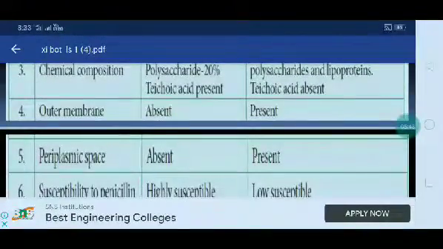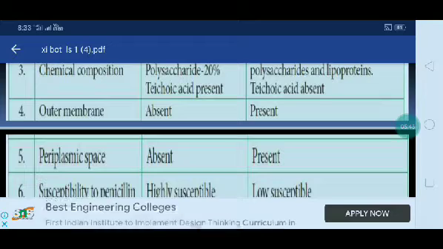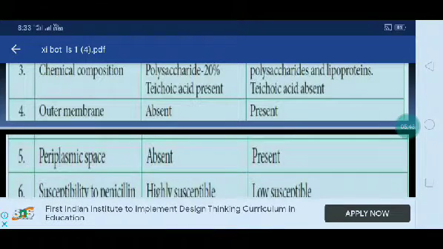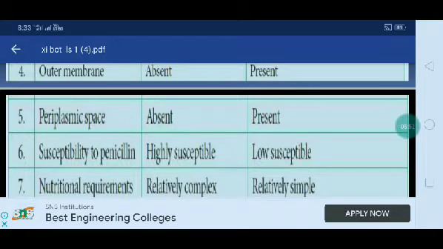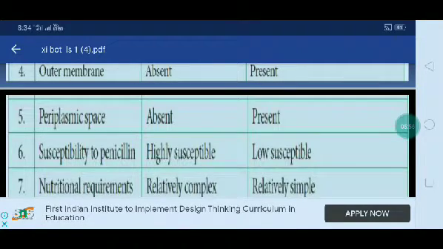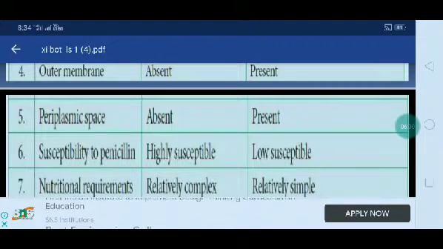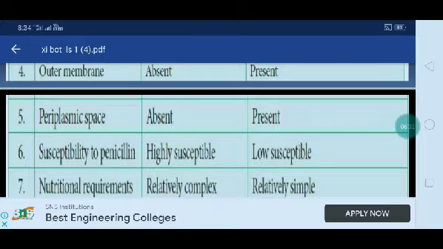The outer membrane is totally absent in Gram positive and present in Gram negative. The periplasmic space, the space between the plasma membrane and the cell wall, is absent in Gram positive and present in Gram negative. Susceptibility to penicillin antibiotic is high in Gram positive and low in Gram negative.